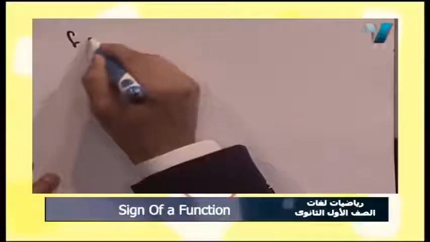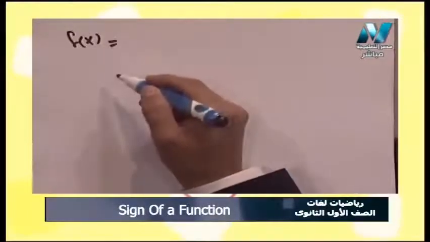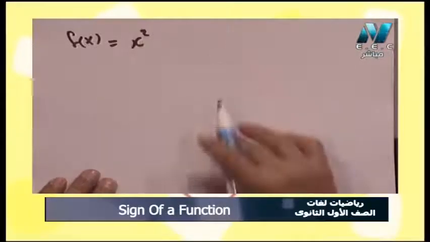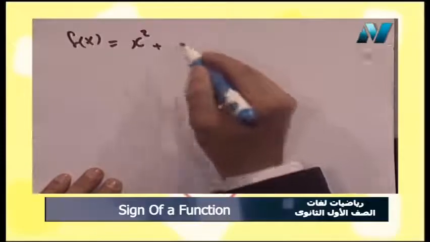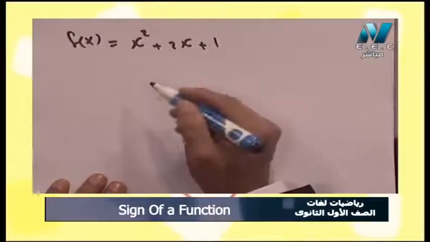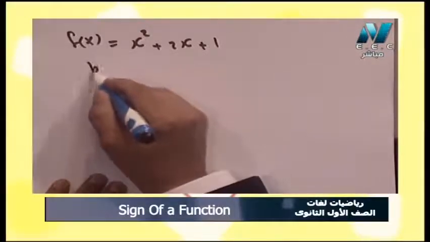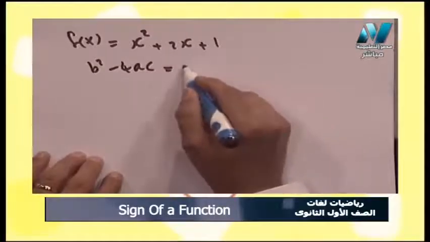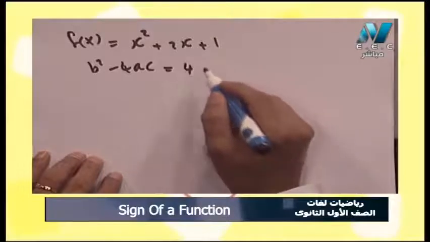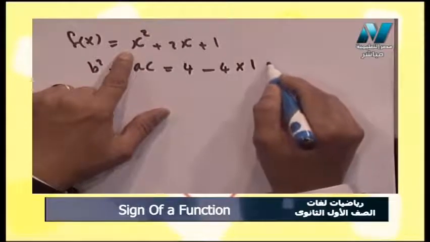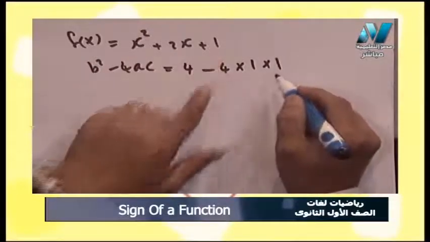Let's see another example for this. If we have here f(x) equals x power 2 plus 2x plus 1, when we would like to find the discriminant, b power 2 minus 4ac, b here is 2, so b power 2 will be 4, minus 4 times a, which is the coefficient of x power 2 here, which is 1, times c, which is 1.